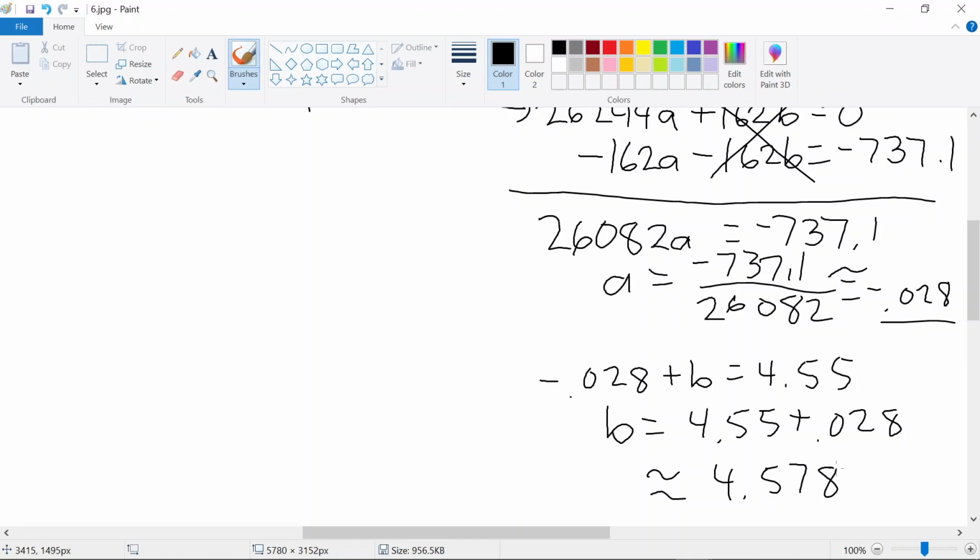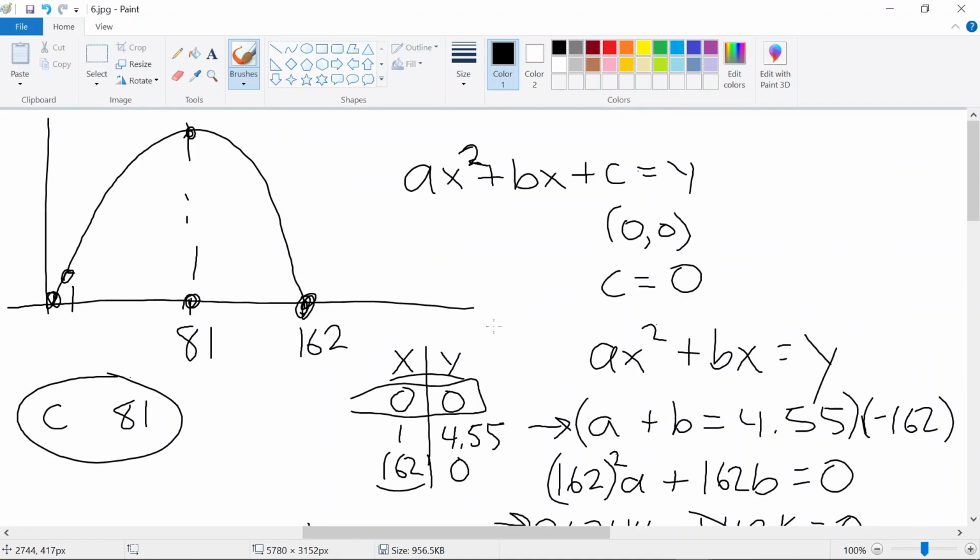If you wanted to, you could use this number instead to be a little bit more precise. You can do negative 737.1 divided by 26,082 times a plus b equals 4.55 and get it exactly. But I think that one came out close enough.